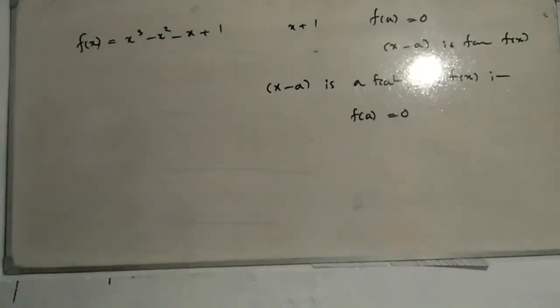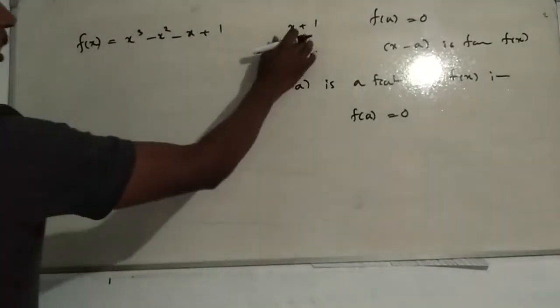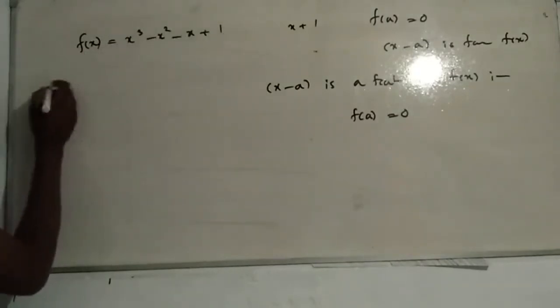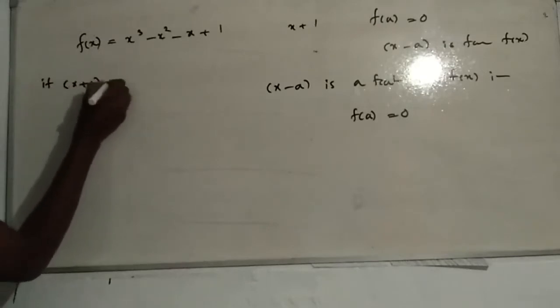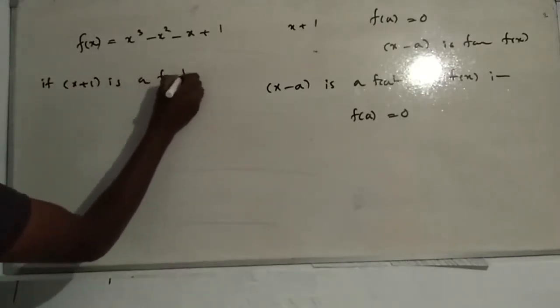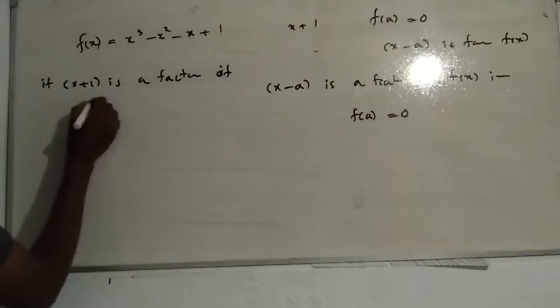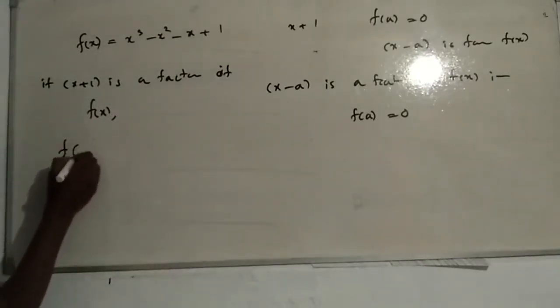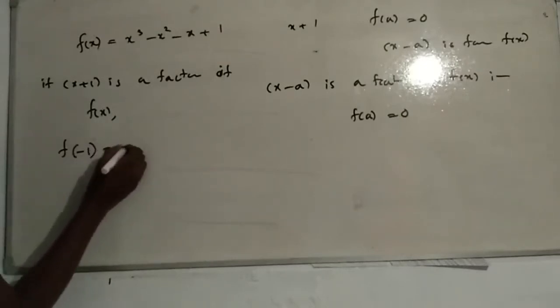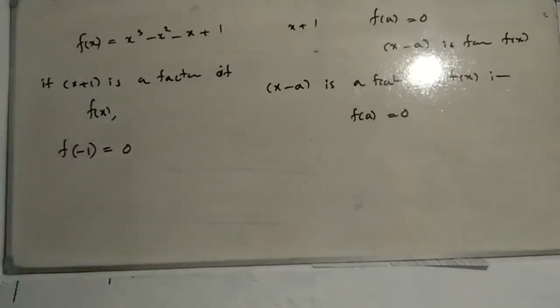I will write it like this: if x plus 1 is a factor of f of x, what will happen? You can say that f of minus 1 must be equal to 0.